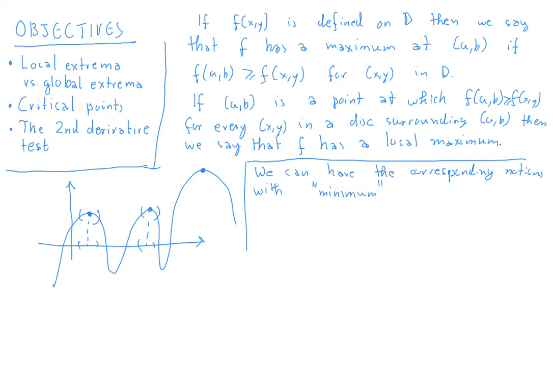That is, the output at that minimum will have to be the smallest either from any other output if it is a global minimum, or from the outputs in a disk surrounding the point if it's a local minimum.